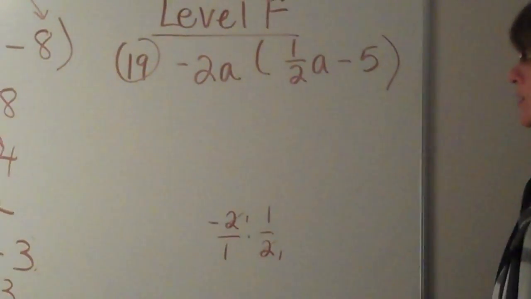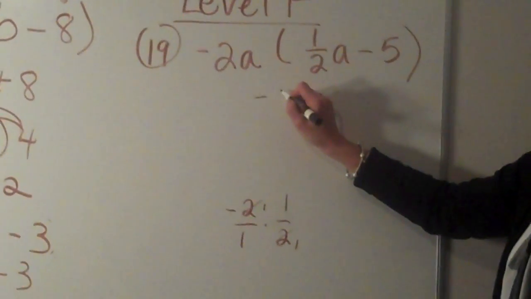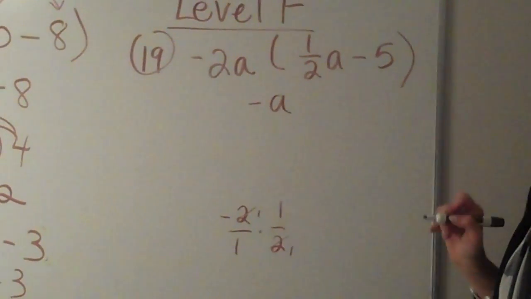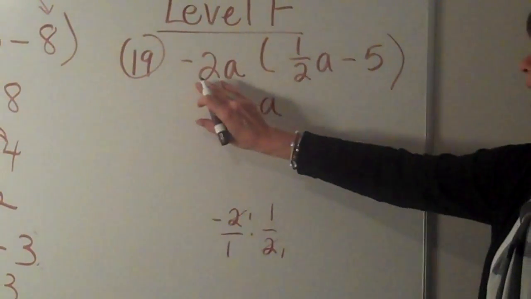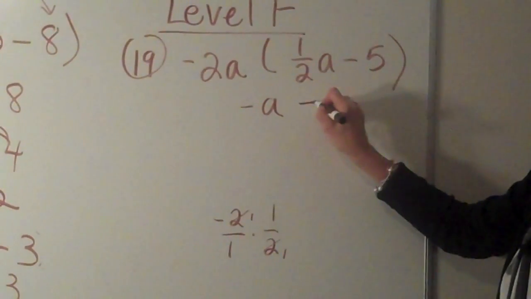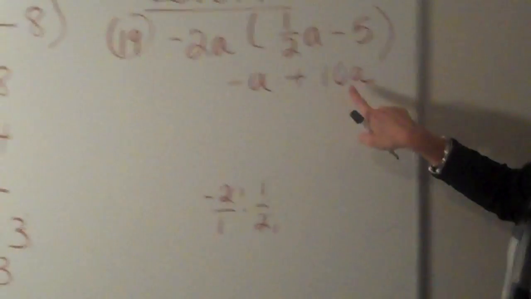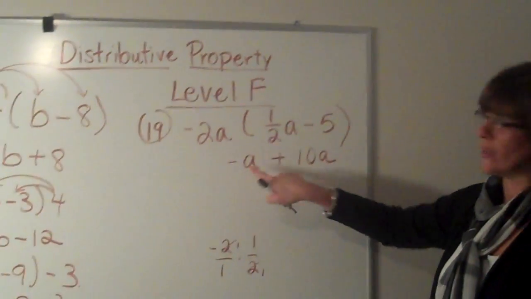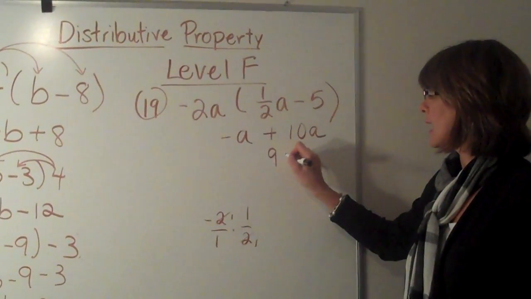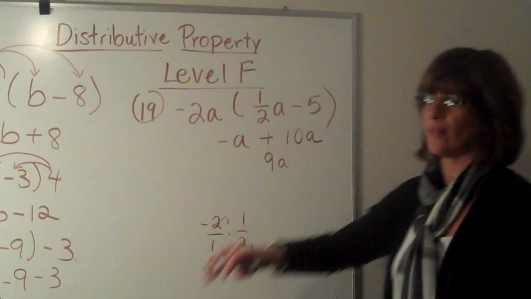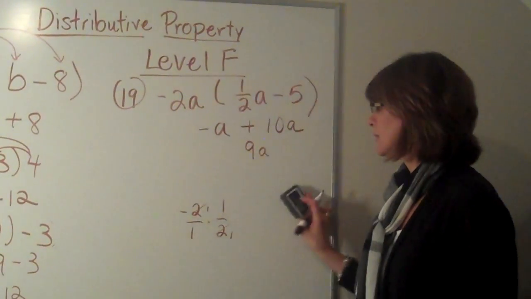Cancel, cancel, and I get negative 1a. So I don't have to put the 1 in. I can just put negative a. And negative 2 times negative 5 is positive 10a. Because they're both a's, which you're going to learn about later, you can combine them and get 9a. For right now, you could leave it like that until you learn how to combine.